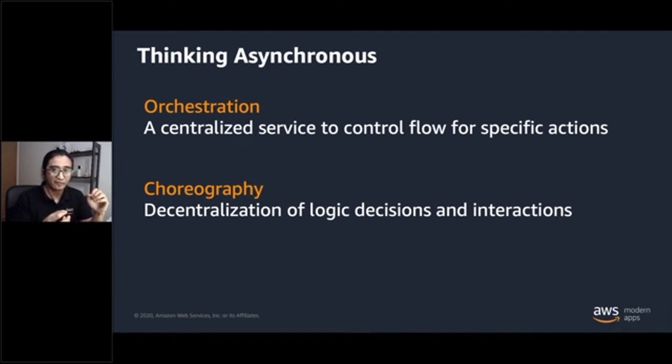In the choreography pattern, each service can execute independently in response to a particular event. So other services can retrieve the message asynchronously and complete their respective tasks. Now, with this architecture, services are loosely coupled and do not have a direct impact on each other. In the orchestration pattern, we use a central service to coordinate all of the services until the entire process is completed.